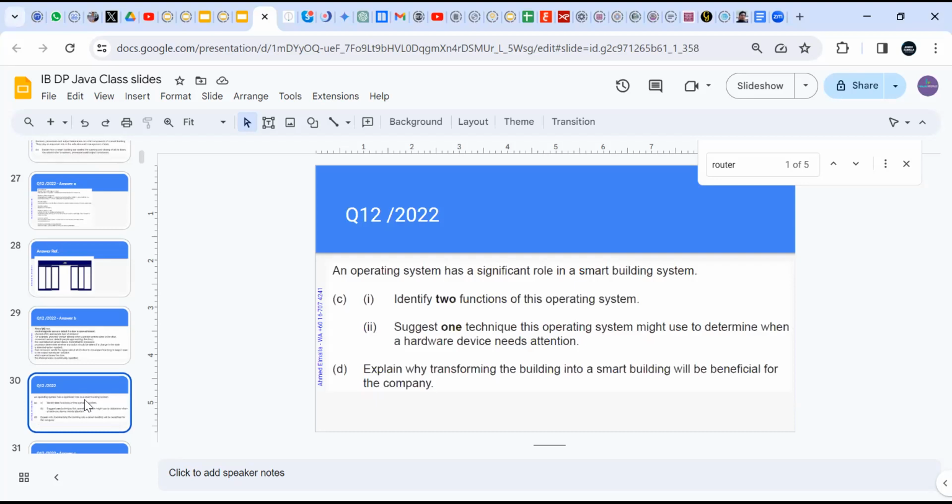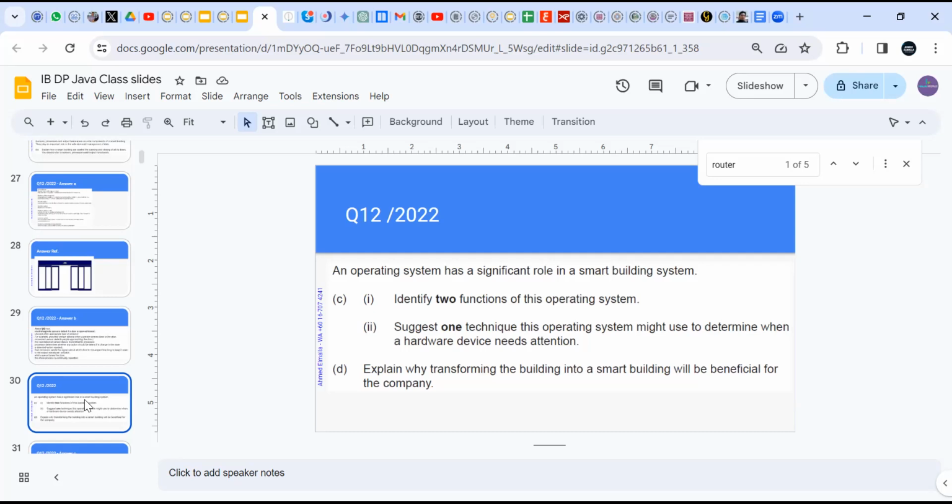Okay, good. And so an operating system has a significant role in the smart building system. Identify two functions of this operating system. Well, first of all, the operating system would be managing the devices connected to the system, like the sensors and such.